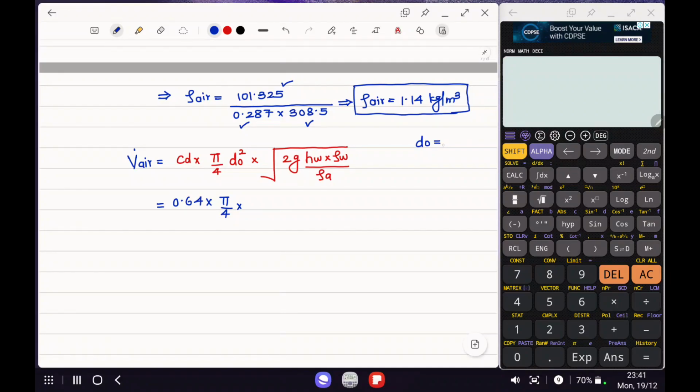It is given as 14 mm. So that is equal to 14 divided by 1000. I will immediately convert it into meter, so you can do it in a second. Actually now you should do it by memory itself. So 14 divided by 1000, that is 0.014 meter.